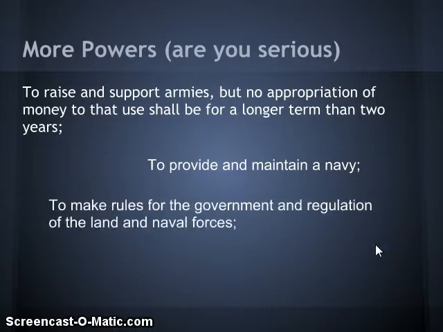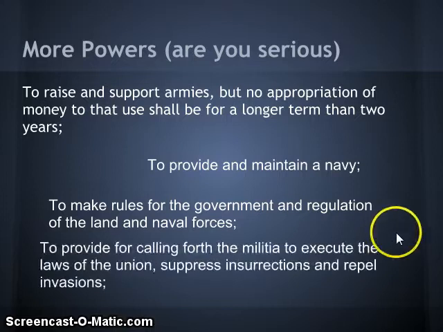To make rules for the government and regulation of the land and naval forces. To provide for calling forth the militia to execute the laws of the Union, suppress insurrections, and repel invasions. So for common defense, again, we can call up state militia people to help fight for the federal government.